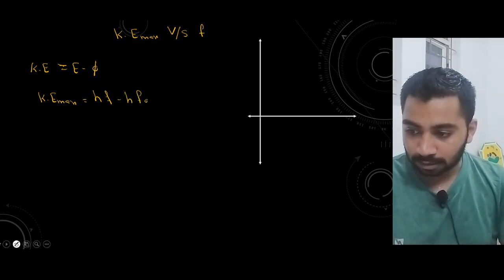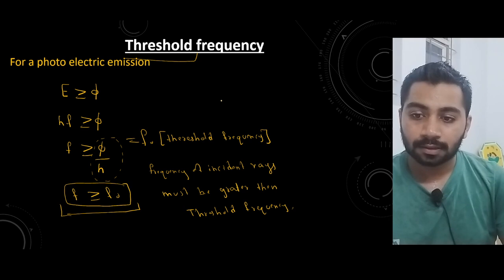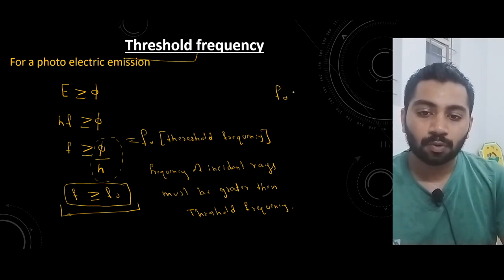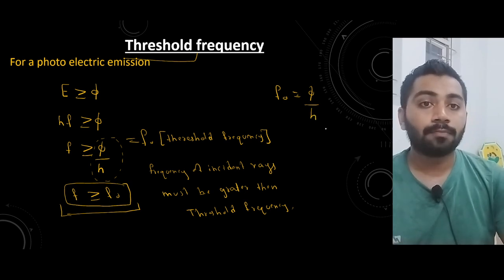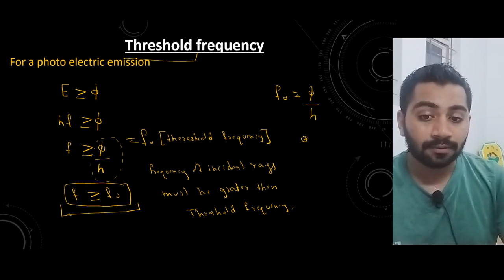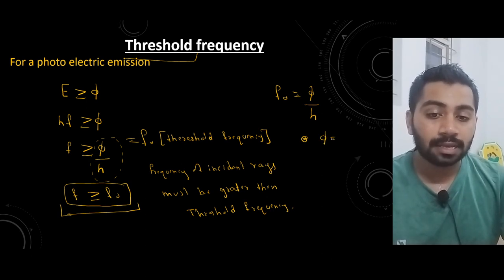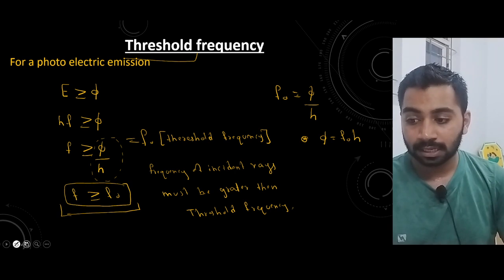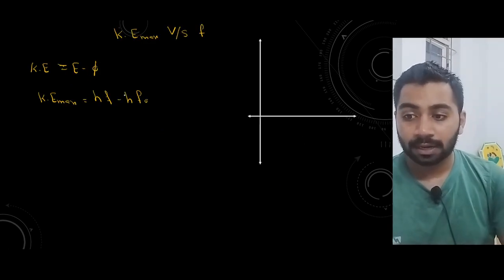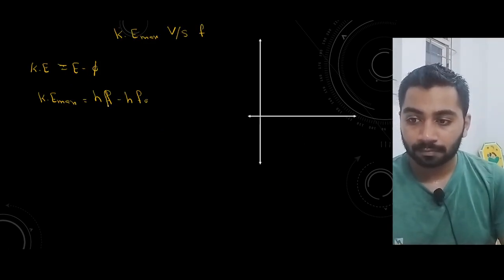See here, come to the last page. In the last page we know epsilon naught is equal to work function divided by h. Can I find the work function from this? Yes, I can find the work function like this. Easy. Now keep it here.